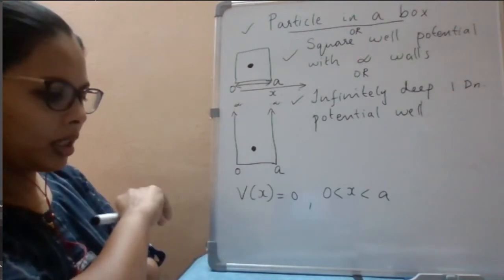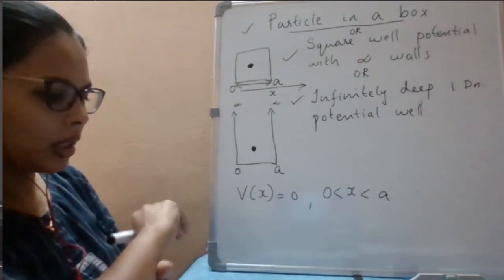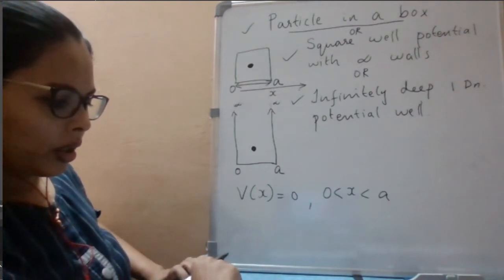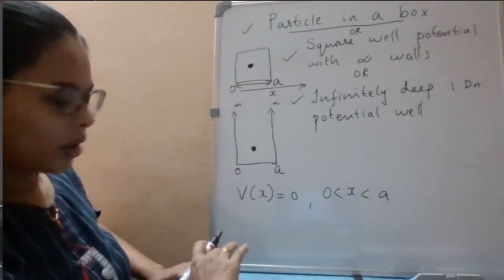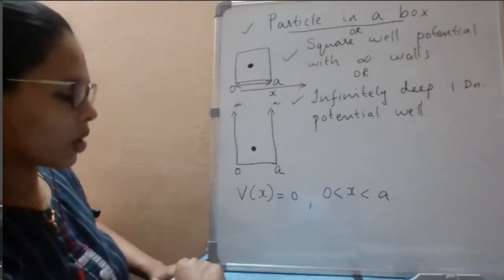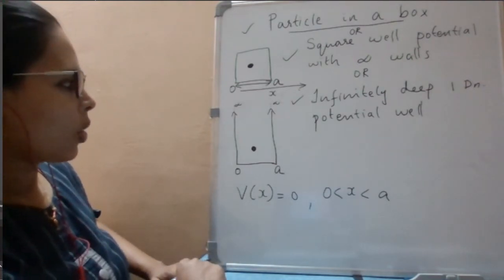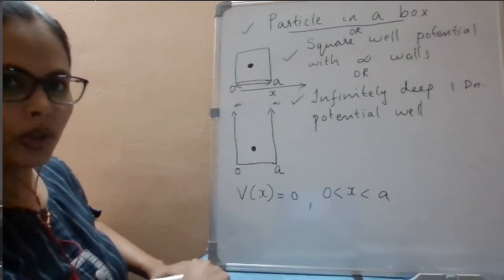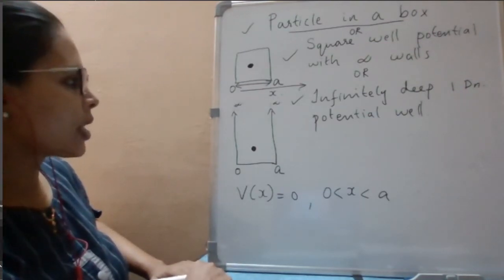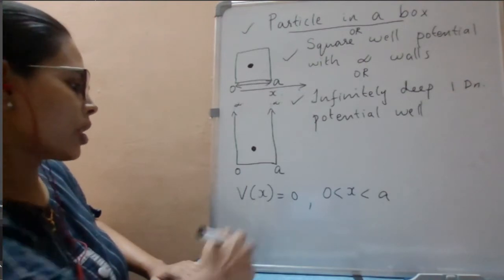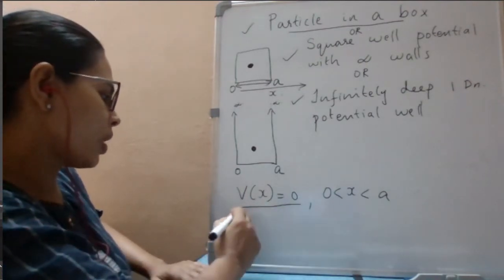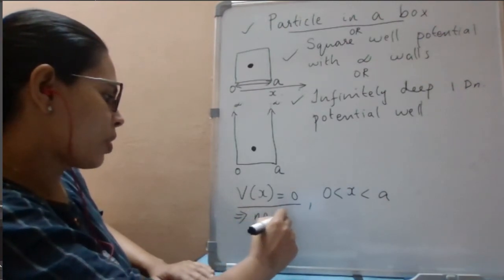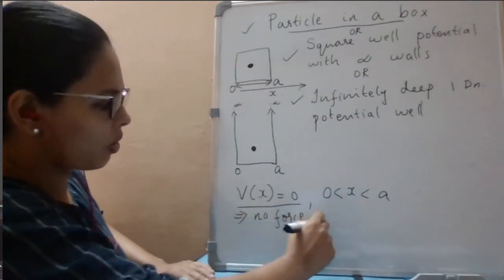That means it doesn't experience any force acting on the particle, when it is inside the box. So it doesn't experience any force. When potential is equal to 0, we have to understand that no force is acting on the particle.